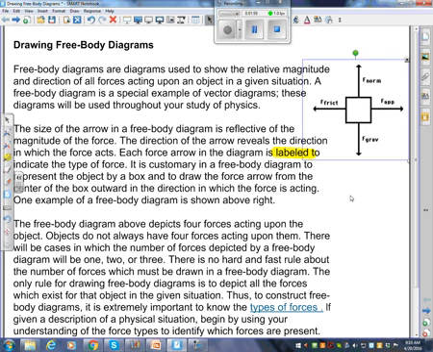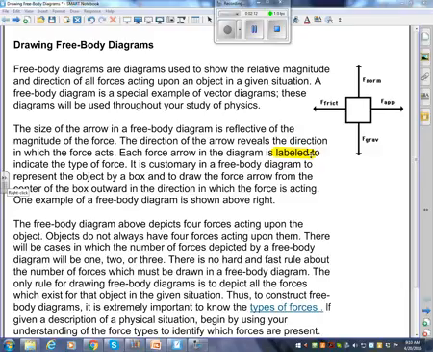No big deal. So as I said, we want them labeled. It's customary in a free body diagram to represent the object by a box. Some textbooks just use a little dot. If it's a bicycle or a car or a rocket ship or a semi, it doesn't matter. You can just draw a little box, because your artistic abilities don't matter. Some people still insist on doing that because they are artistic.